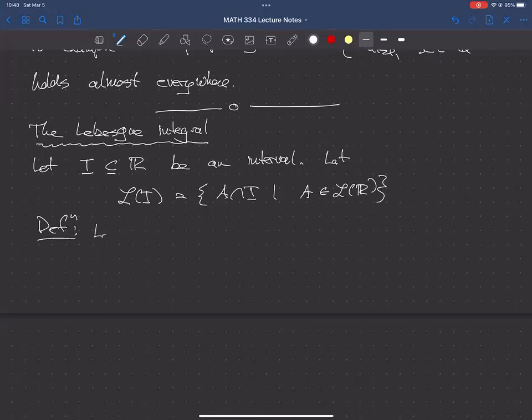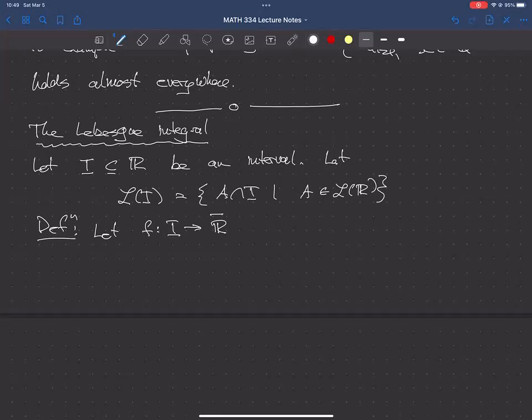So let f be a function, and we're going to allow functions here, when we integrate them, to possibly take infinite or negative infinite values. So they're going to take values in the extended reals. It's not that you generally encounter such functions in real life, but you do encounter them as limits.